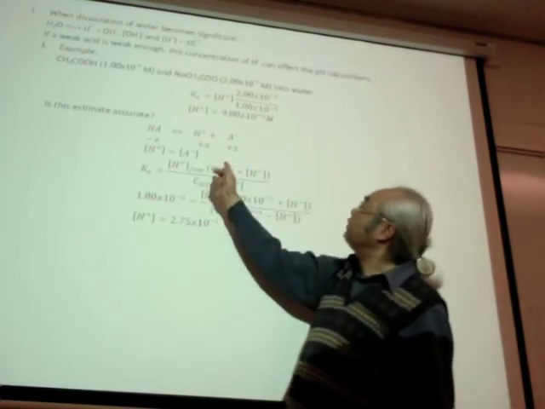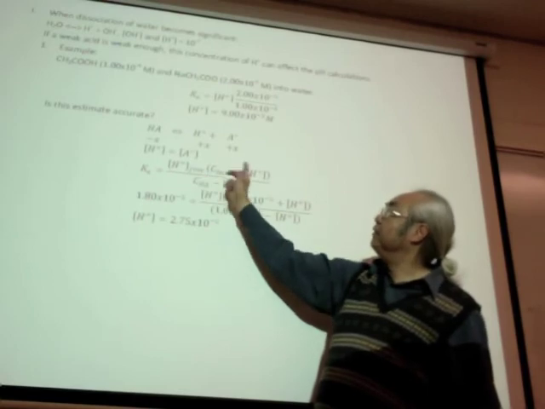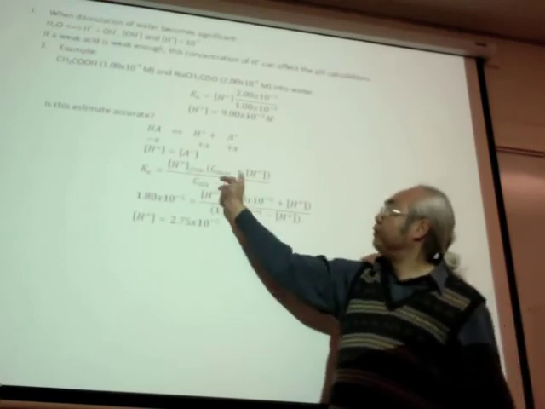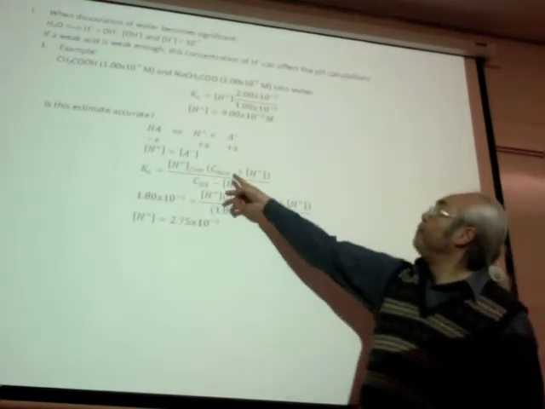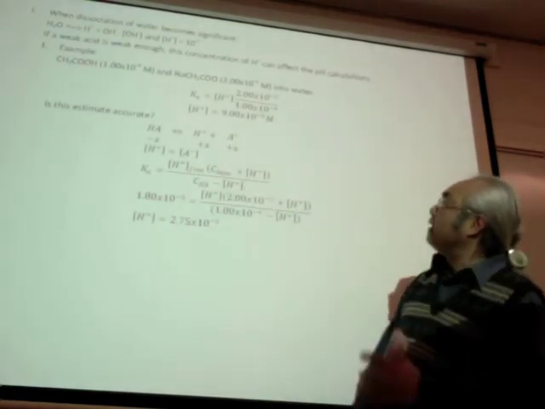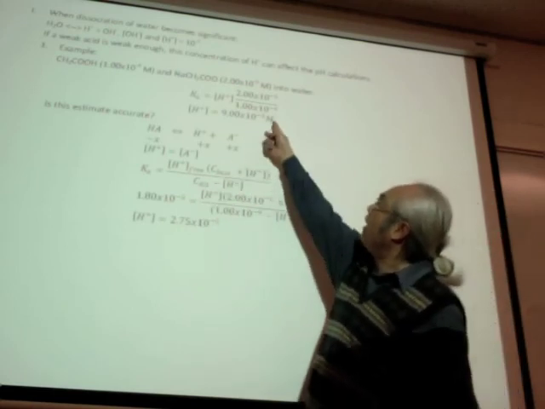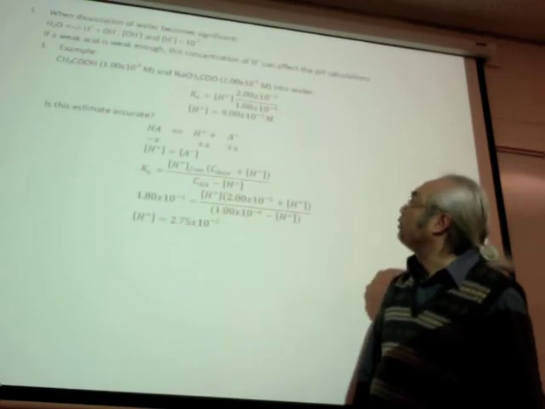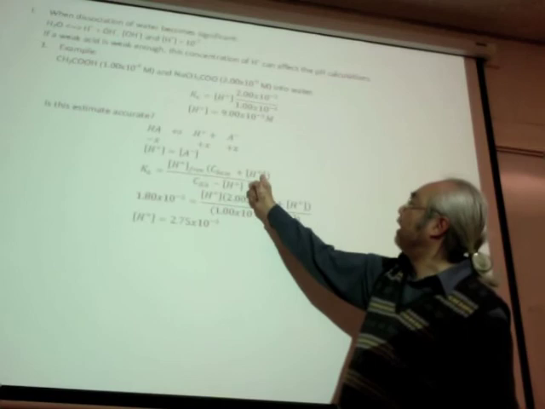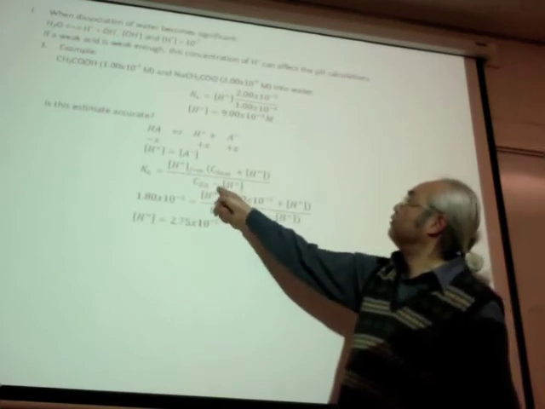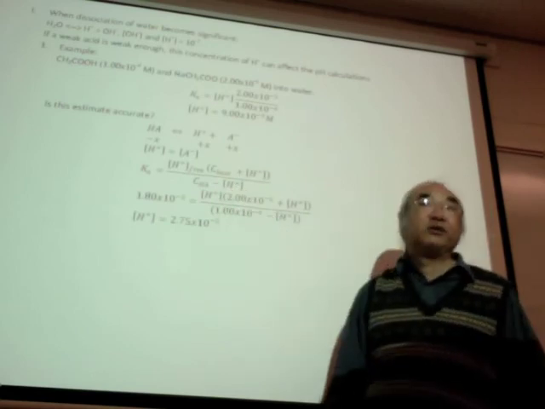But then your base could associate with the proton generated from here. So this portion of the proton could react with the base. Then whatever is down here is going to be a lesser quantity because it is going to react and be consumed. So when this is plus, then this is minus.